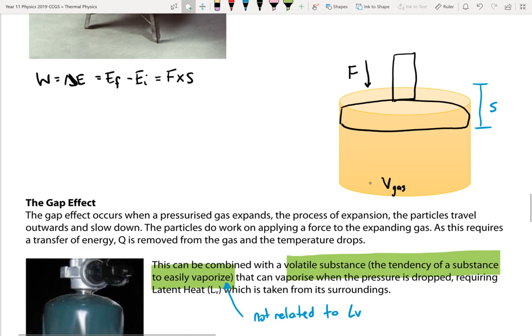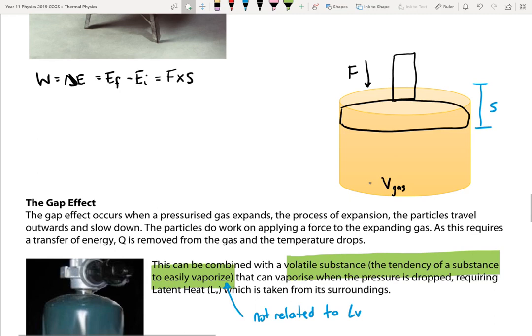Literally, I could apply a force meter to the top of that piston, and a gas wants to exist at a standard atmosphere. If I now suddenly try and push it down, I'm going to apply a force. And in fact, the force actually increases over time, but with force times distance, I could quantify how much work I have done by pushing a piston down. Now conservation of energy says that if I've done work, it has to have gone somewhere.